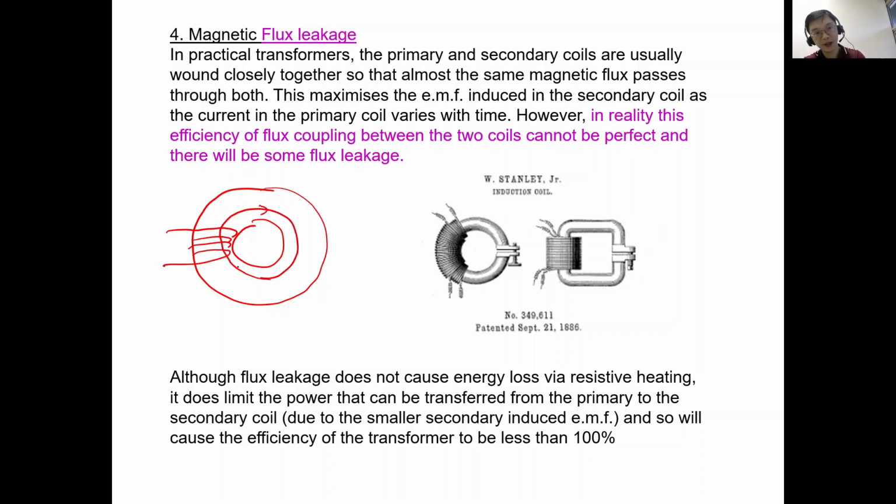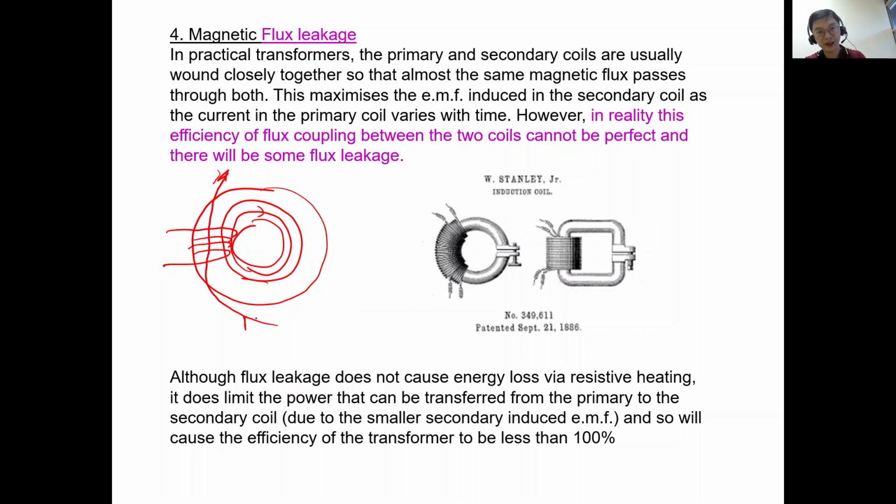We generally assume that the flux stays within the donut. But that's not always true, right? Because in reality, there's some chance of this happening. This flux is fine. This flux is fine. But you can have some flux that goes like this.